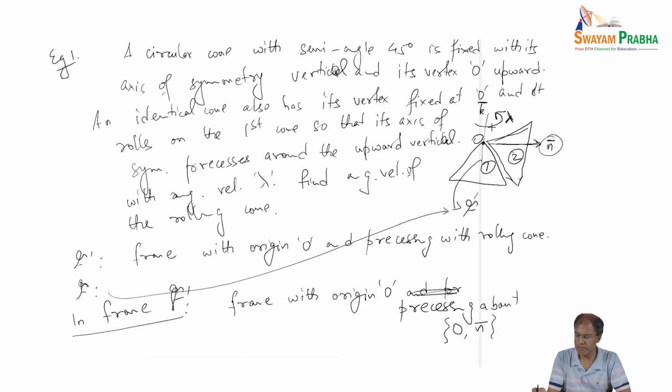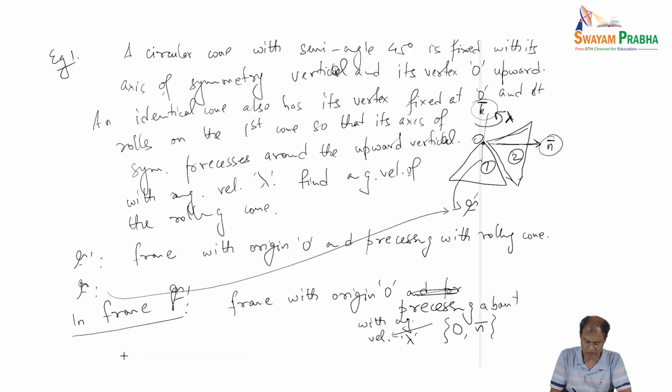So one cone is precessing about the axis k, and the other cone is precessing about the axis n, right? So now in frame f prime, this is with angular velocity lambda, right?